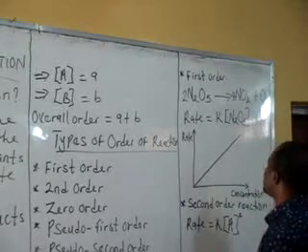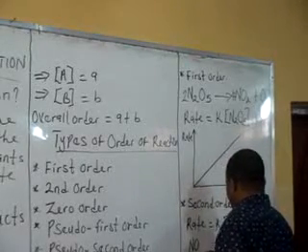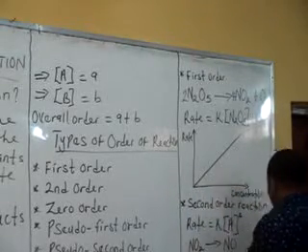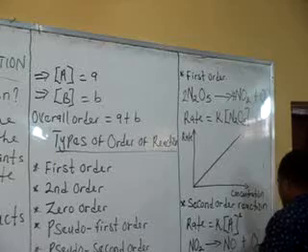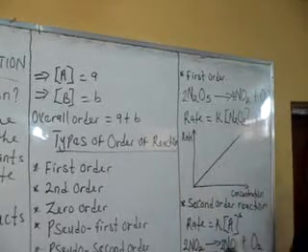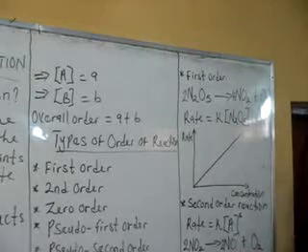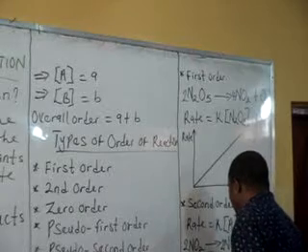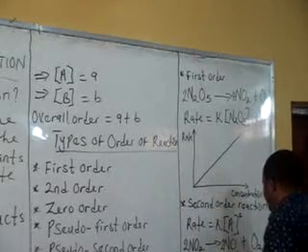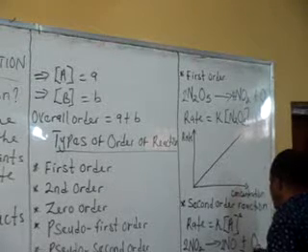I think we can have an example in the decomposition of nitrogen dioxide, where we have NO plus O2. If you look at this, what we have here is a second order reaction, because in this my rate will give me K into the concentration of NO2 squared.